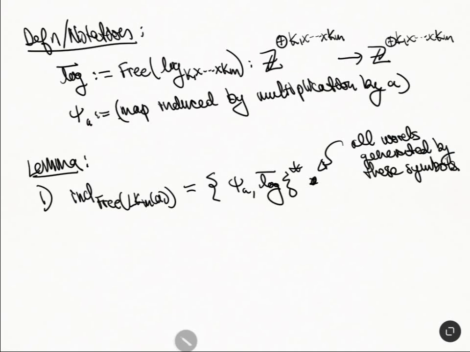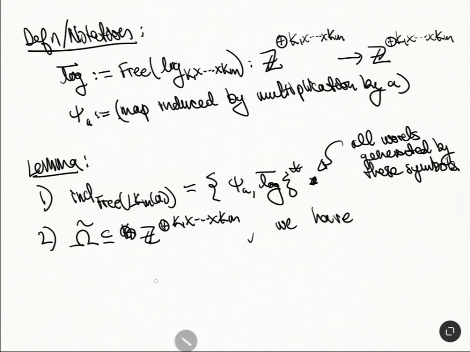Then the second thing that we're going to show is that, given a subset omega tilde of the free group, omega tilde of Ind3 of A is going to be contained in the star of omega tilde.